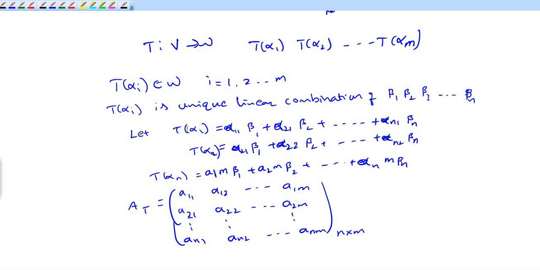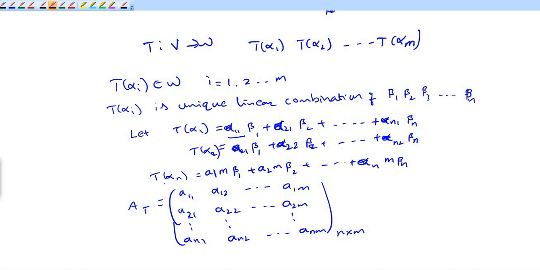Let us take the linear combination. T of alpha 1 is equal to a11 beta 1, a21 beta 2, etc., an1 beta n. Similarly, T of alpha 2 is a12 beta 1, a22 beta 2, a32 beta 3, and so on, up to an2 beta n.